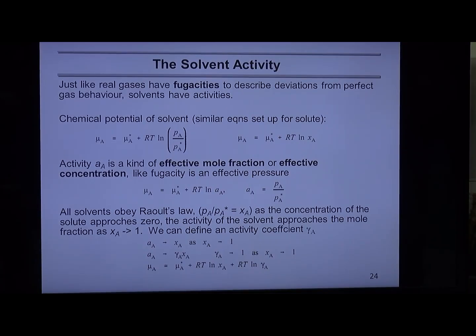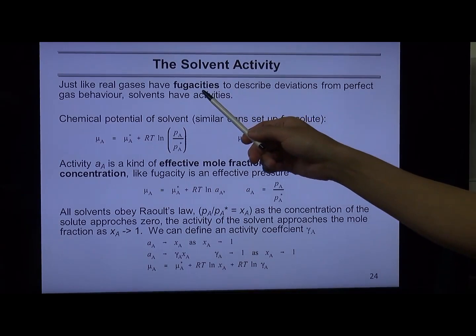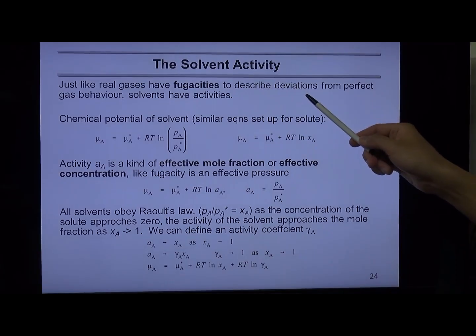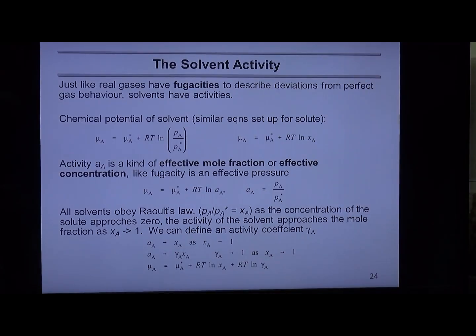Remember Raoult's law, okay? We encountered a term called fugacity, right? Fugacity is an effective pressure for real gases, and fugacity was used to describe deviations of a real gas from perfect gas behavior. Okay, that's for gases.